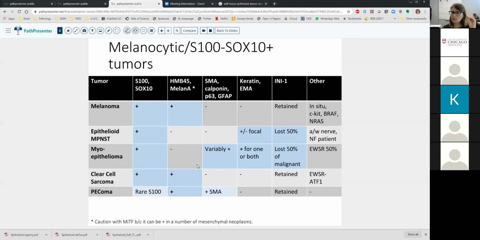You are almost implicated to do genetic testing, because if it's not obviously something else, based on its association with a nerve, i.e. MPNST, its positivity for keratin as in a myoepithelial neoplasm, or its positivity for something like SMA as in a PEComa, which I haven't shown you today, I apologize, you are almost required to do genetic testing to look for the c-KIT, the BRAF, or the NRAS mutations, which will then prove to you it's a melanoma that's lost its markers.